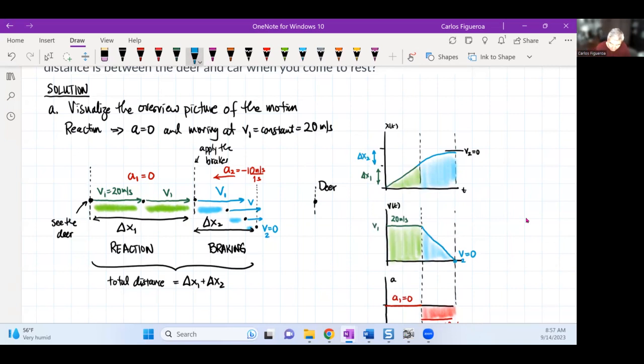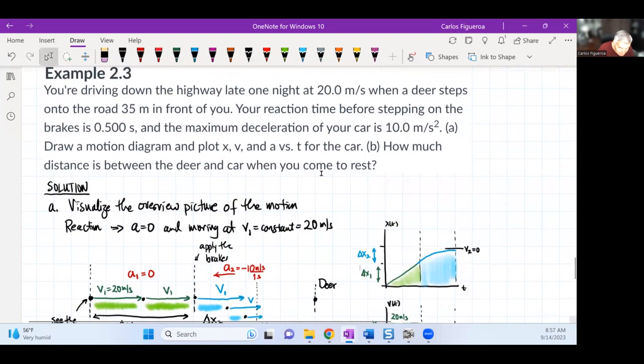So this is how I'm trying to visualize the motion. Now the question comes down to this: how much distance is between the deer and the car when we come to rest?